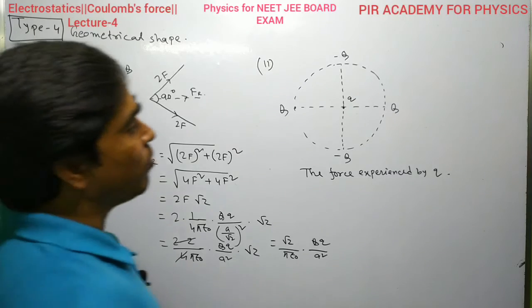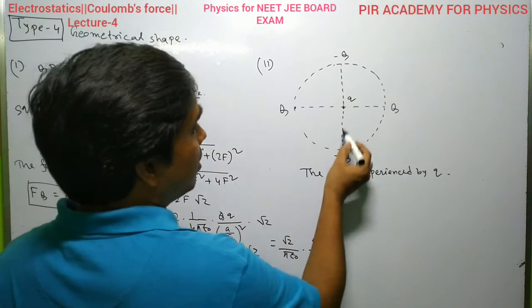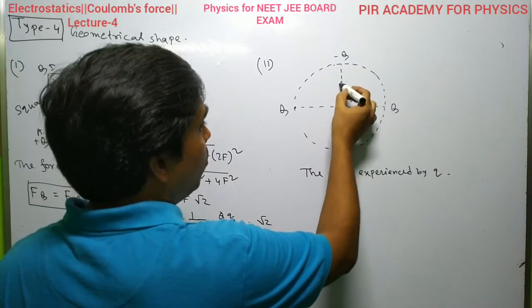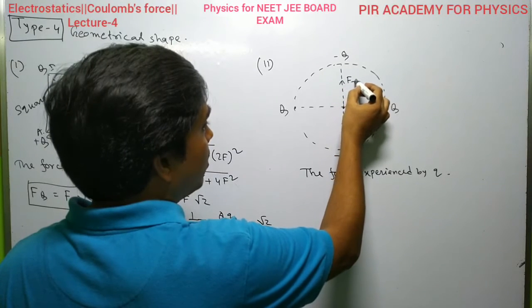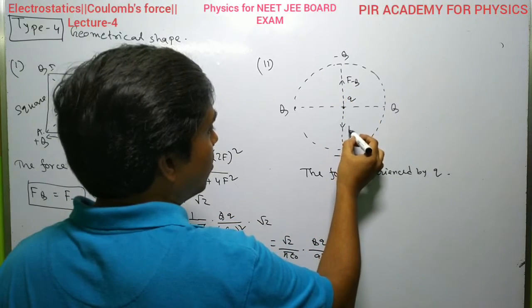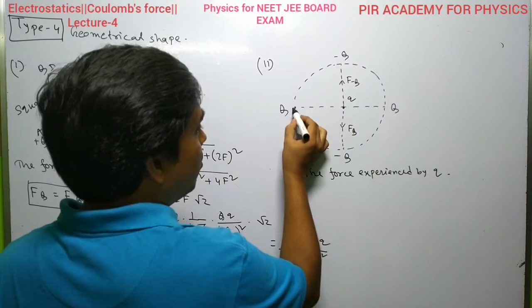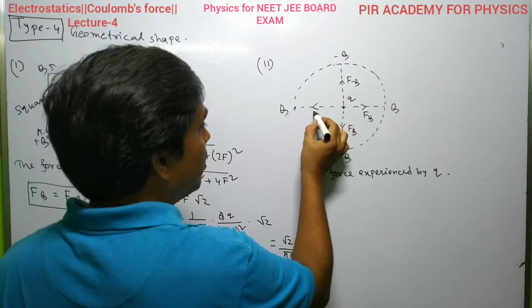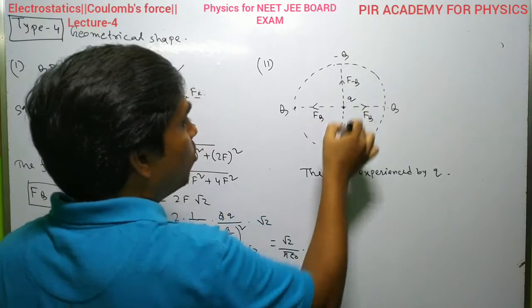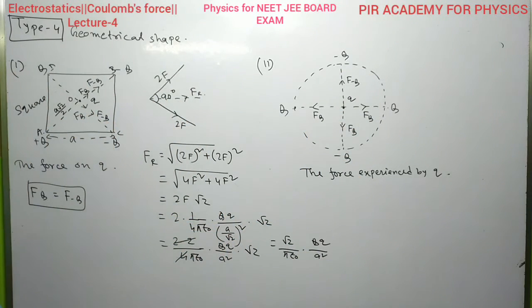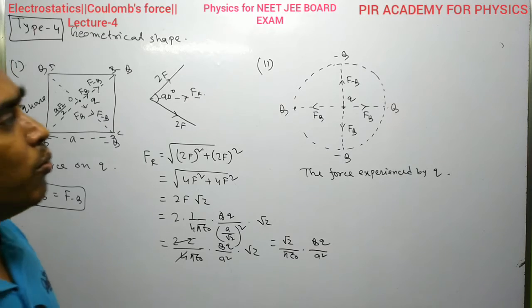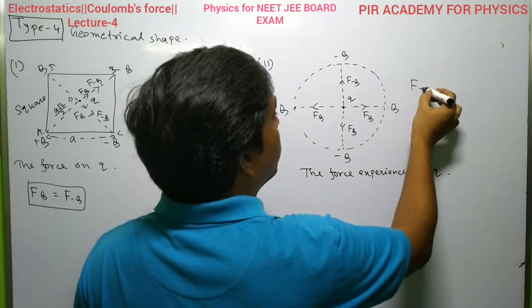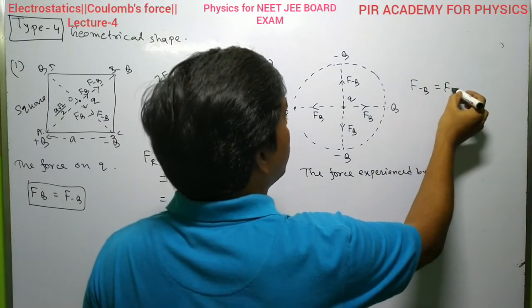What will be the force? This charge will give a force of minus fq. This charge repels this charge and this charge repels this charge, so the forces are opposite to each other and all the forces are equal, so f of minus q equals to f of plus q.